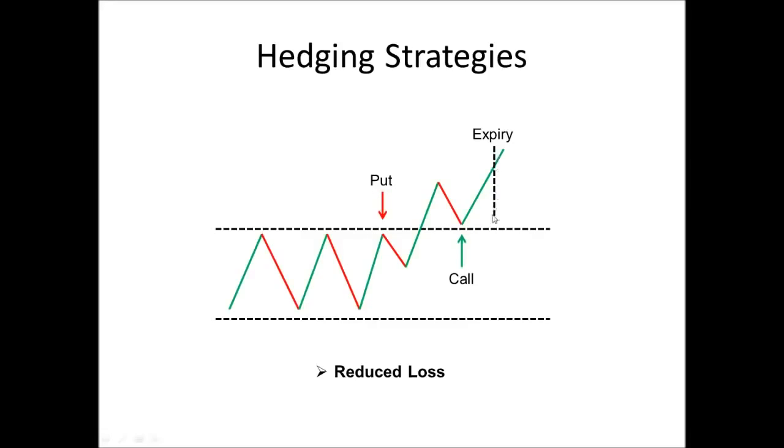When these options expire, we have a guaranteed win. Our call is a win and our put is a loss. If we did not hedge our put and price broke on the upside, we would have simply just made a loss.